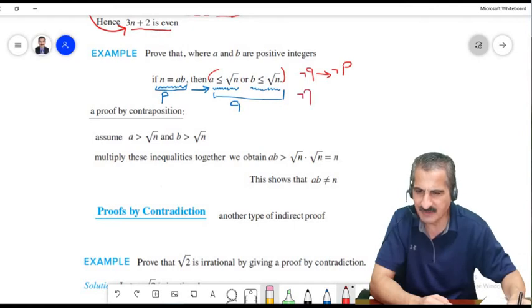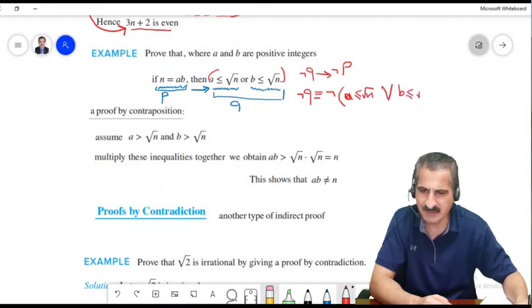Not q is the negation of a less than or equal to square root of n, or b less than or equal to square root of n.